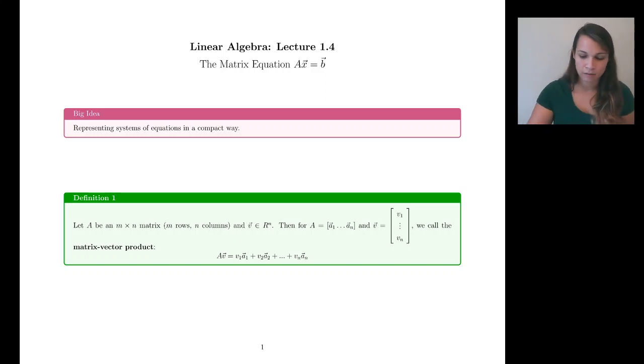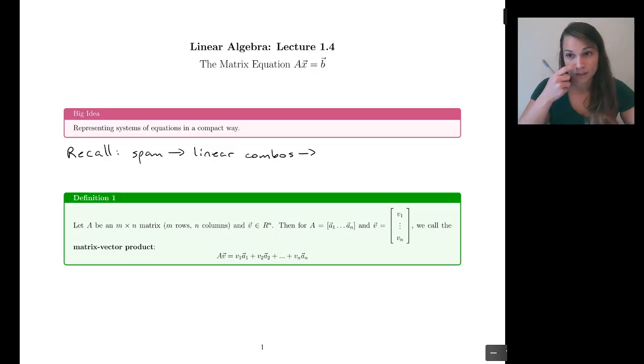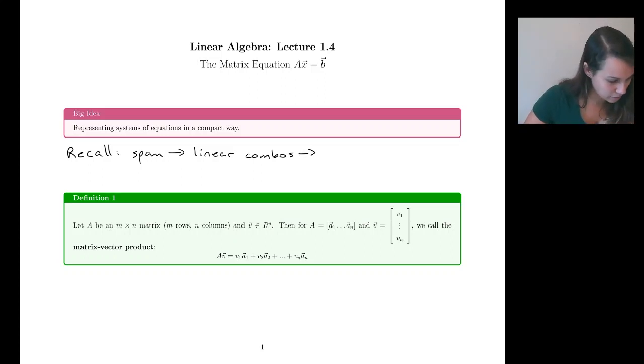So if you can recall from our last video, we had span meant linear combinations. And linear combos, after some manipulation, I was able to write those as linear systems of equations.